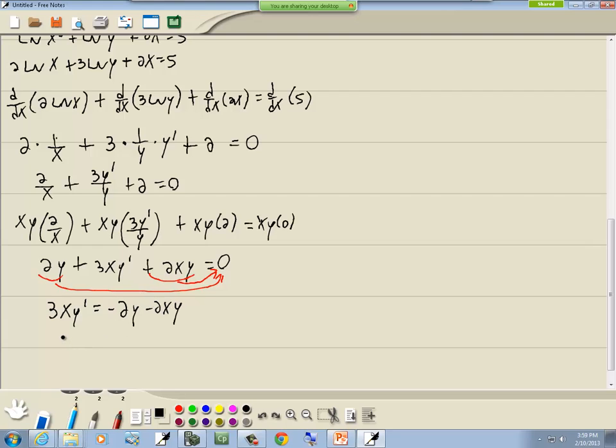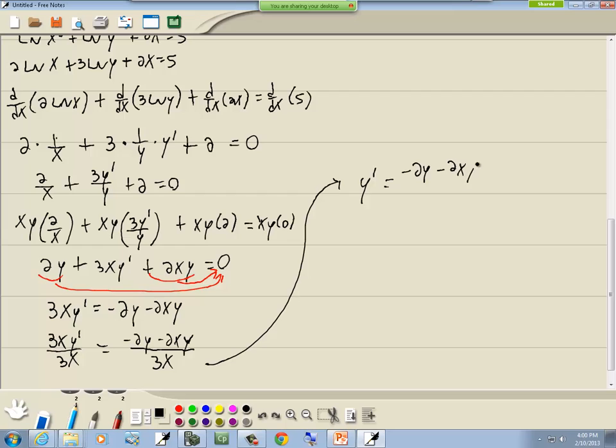Now try and get the y prime by itself, so we'll divide both sides by what's in front of our y prime, which is 3x. So we'll divide both sides by 3x. And we get y prime is equal to negative 2y minus 2xy over 3x. And assuming no basic algebra mistake, that's our answer.